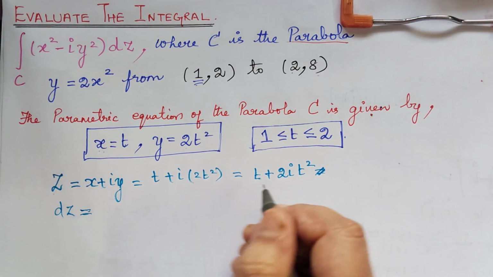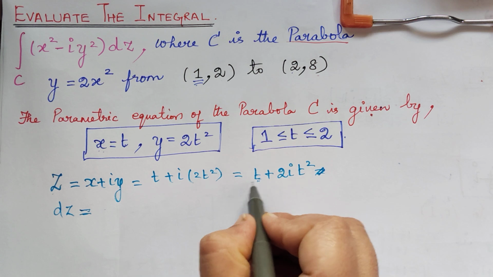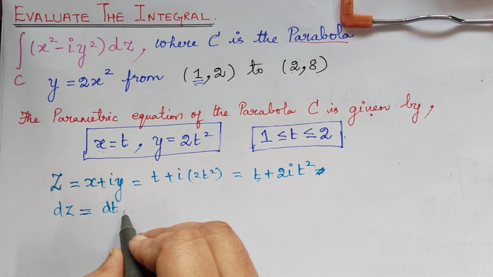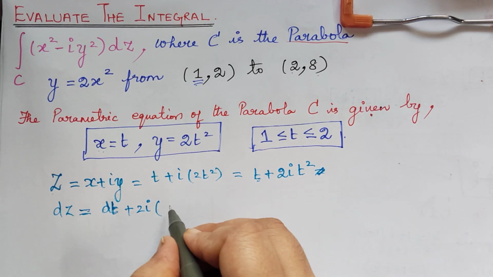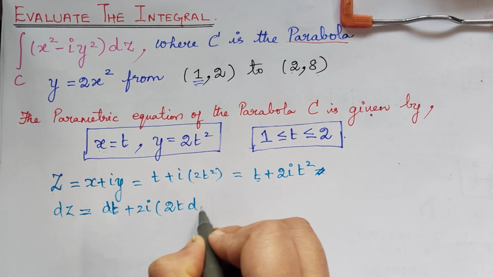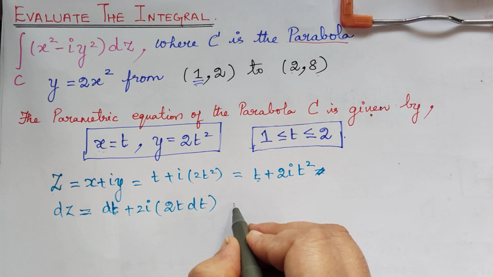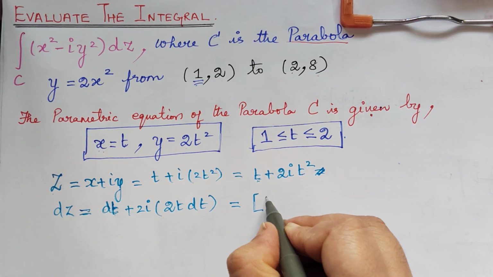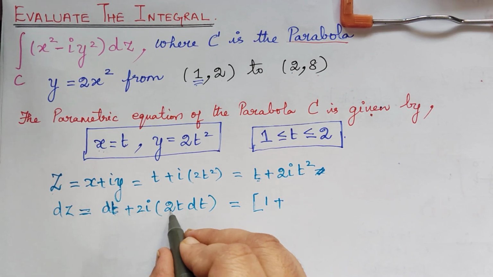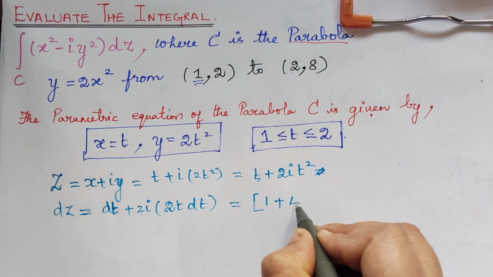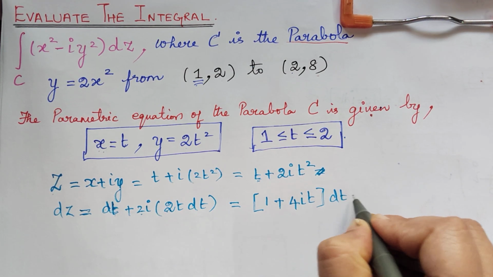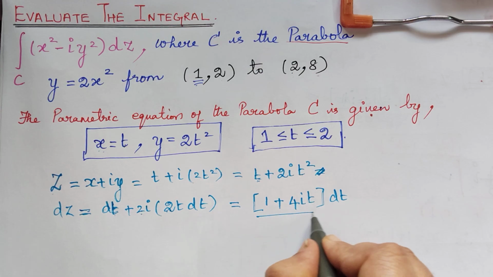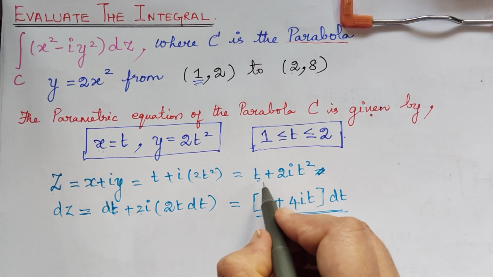On differentiation, t gives dt, plus 2i multiplied with the differentiation of t square, which is 2t dt. We see that dt is common, so it will be 1 plus 2 multiplied with 2 is 4, so 4it dt. So this is dz, and this is z.